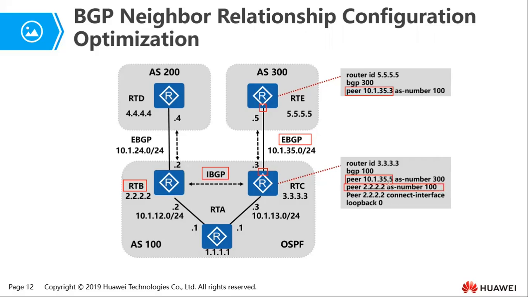Here 2.2.2.2 is the router ID of RTB. Then the next command will be peer 2.2.2.2 connect-interface loopback 0. So what that really means is we are peering via loopback 0. So generally, that is what is recommended.